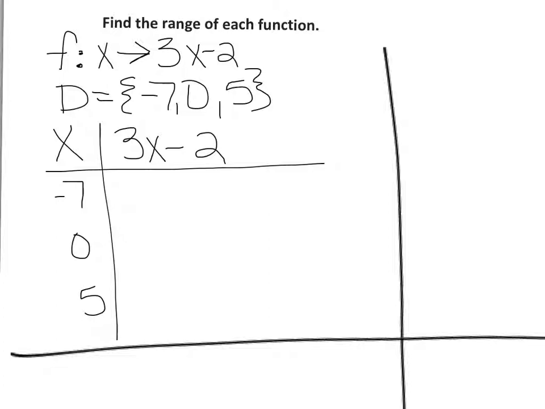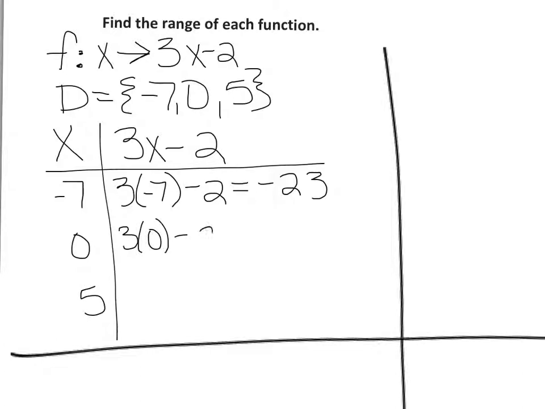So if I plug -7 in for x, I'll have 3 times -7 minus 2. Okay, well, 3 times -7 gives me -21. -21 minus 2 gives me -23. So there's one member of my range. Okay, if I plug 0 in for x, I have 3 times 0 minus 2.